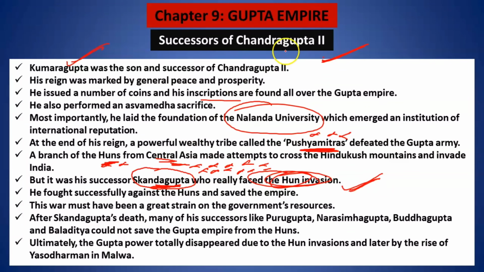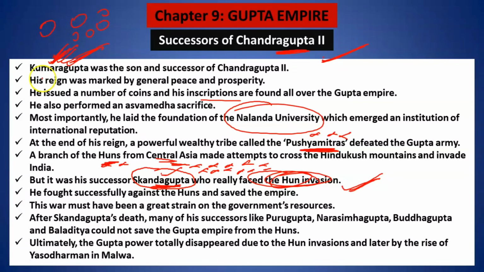Now these kings after Chandragupta II, Kumar Gupta and Skandagupta, were not very prominent, not very prosperous unlike their preceding kings. They were not as important as their ancestors. During Kumar Gupta, silver coins became more important. Earlier gold coins were very important in Chandragupta II and in the previous kings.